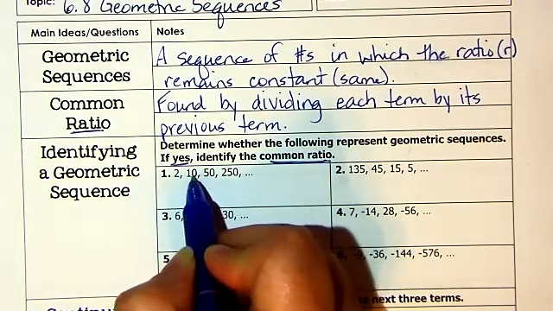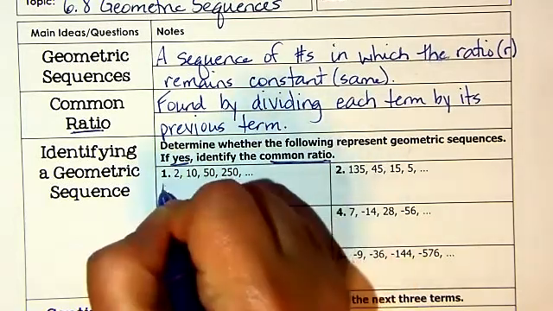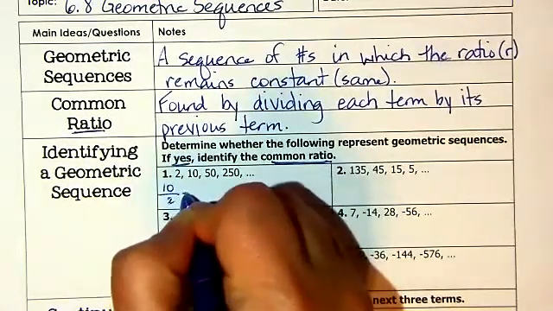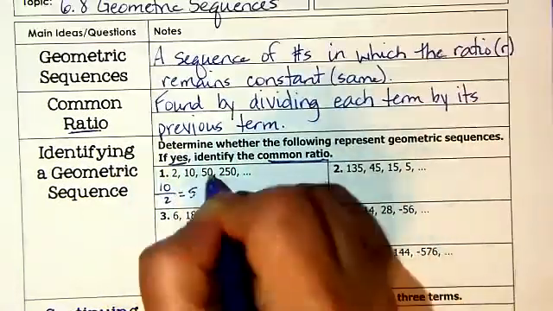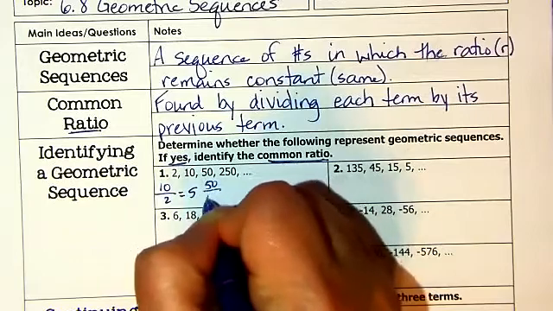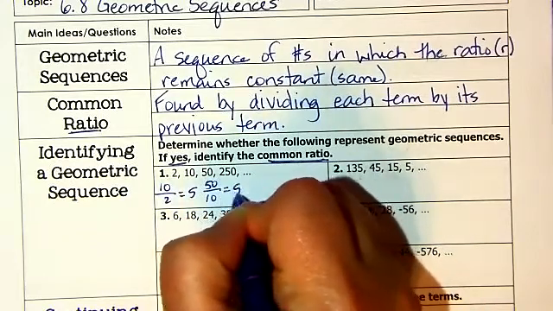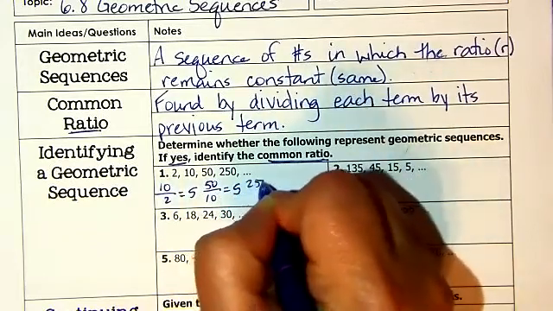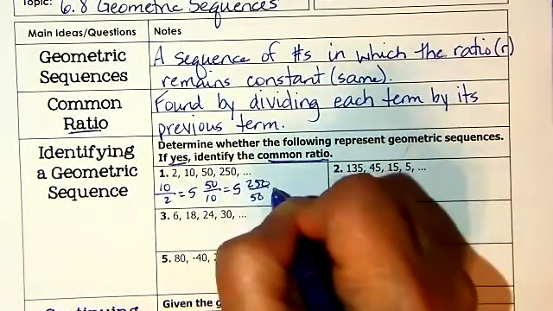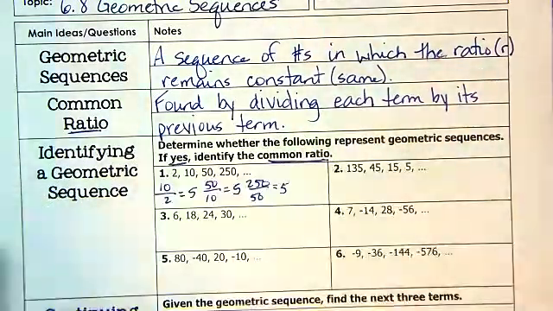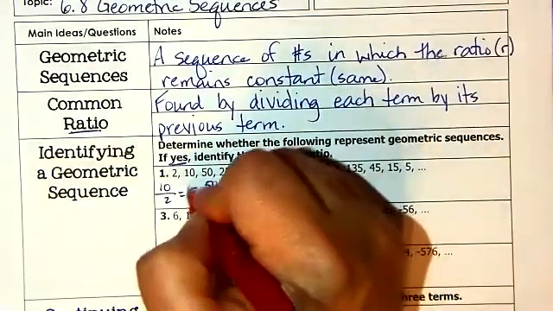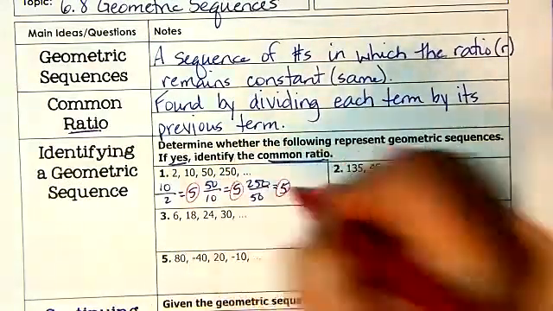I'm starting with the 10, so I'm going to do 10 divided by 2. That equals 5. 50 divided by 10. That equals 5. 250 divided by 50. That equals 5. Notice they're all equal to 5.